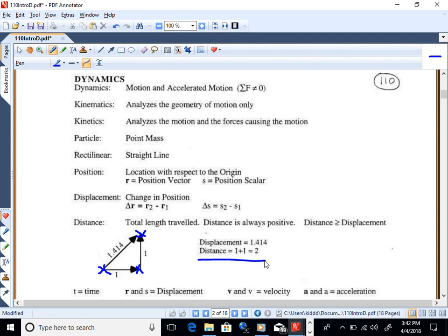Displacement is your final position minus your initial position, which is a straight line from one to the other. In this case, its length would be 1.414, whereas distance is how far you actually travel. If you're in a car, it's what would show up on your odometer.